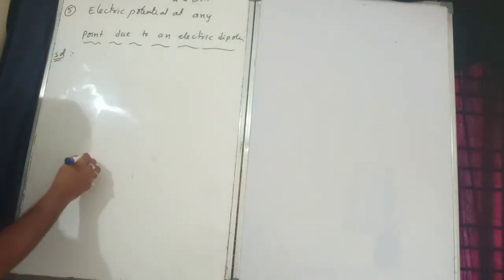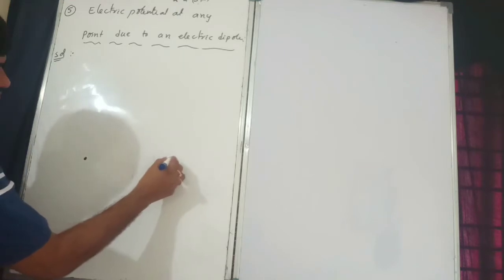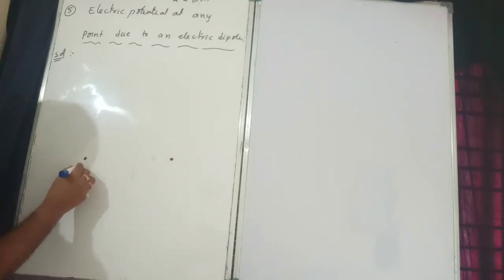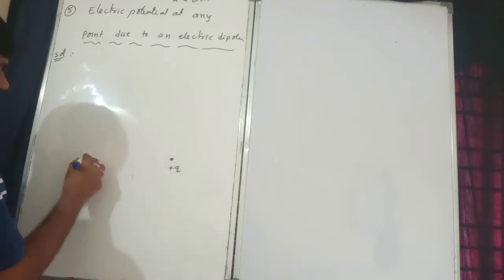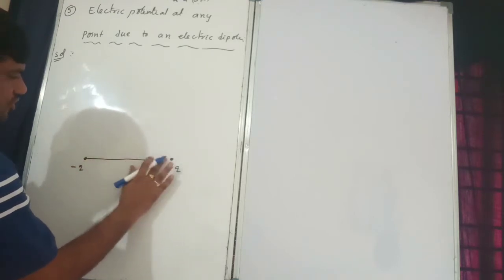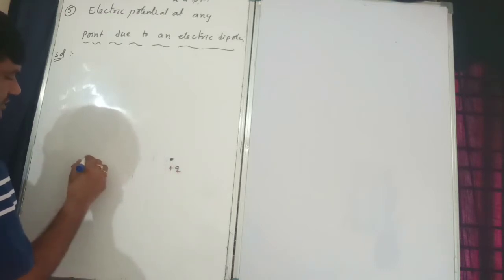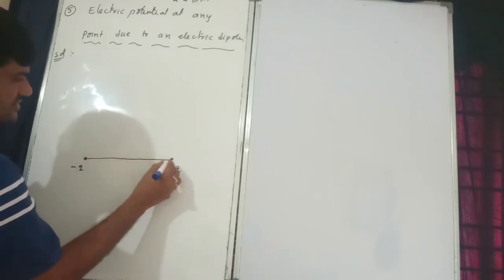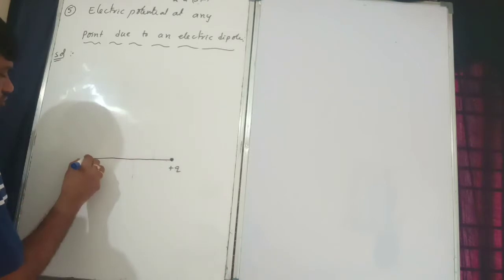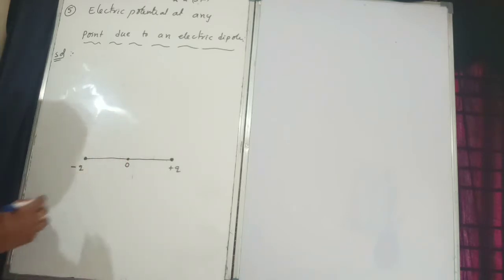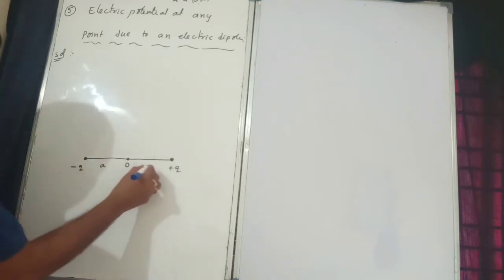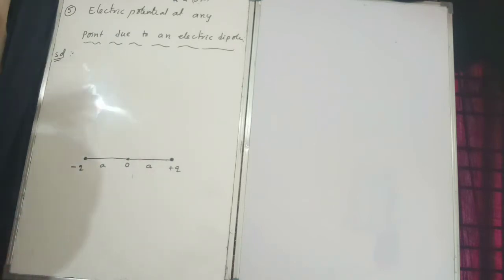Okay, so now we will consider one dipole. This is the dipole, minus Q and plus Q. Two equal and opposite charges are separated by a very small distance. Remember, a dipole has a very small distance between the charges. This is the center of the dipole, so this is a and this is a.